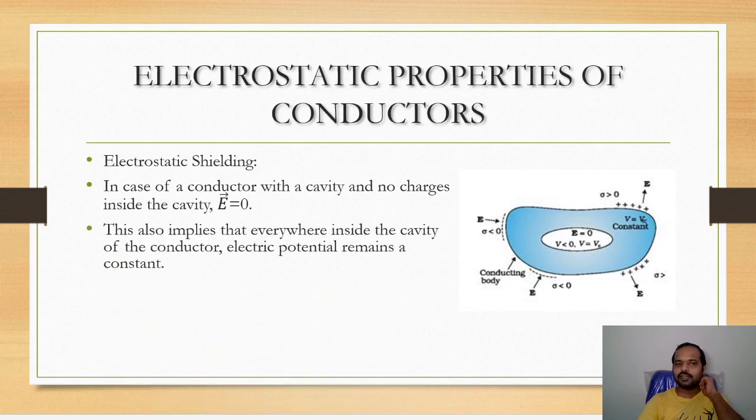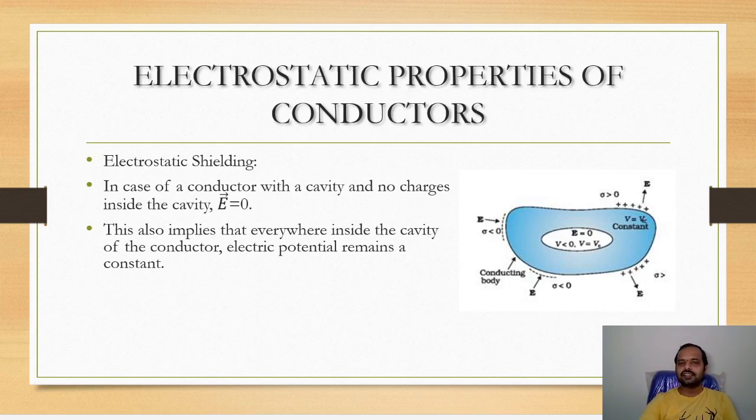So using this particular theory, we can see that since the electric potential is going to be constant, the electric field inside the cavity is zero. Now if we are going to apply an external electric field, what is going to happen? It's a very simple thing.